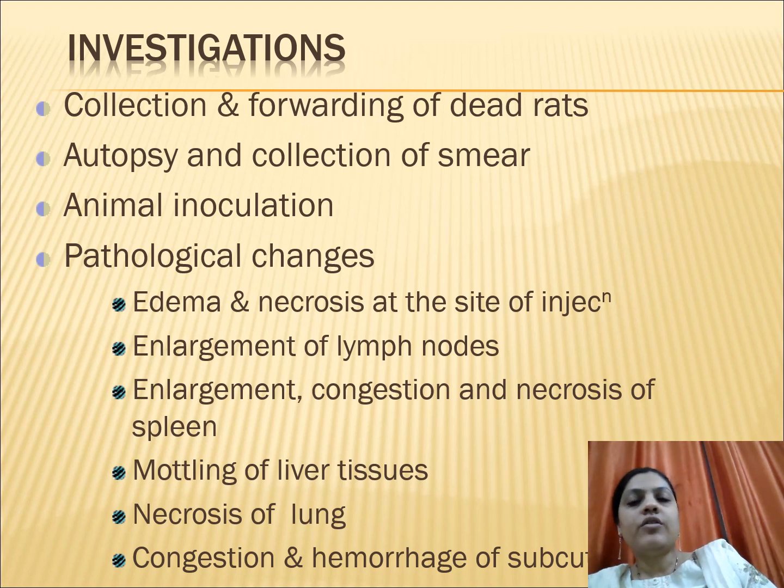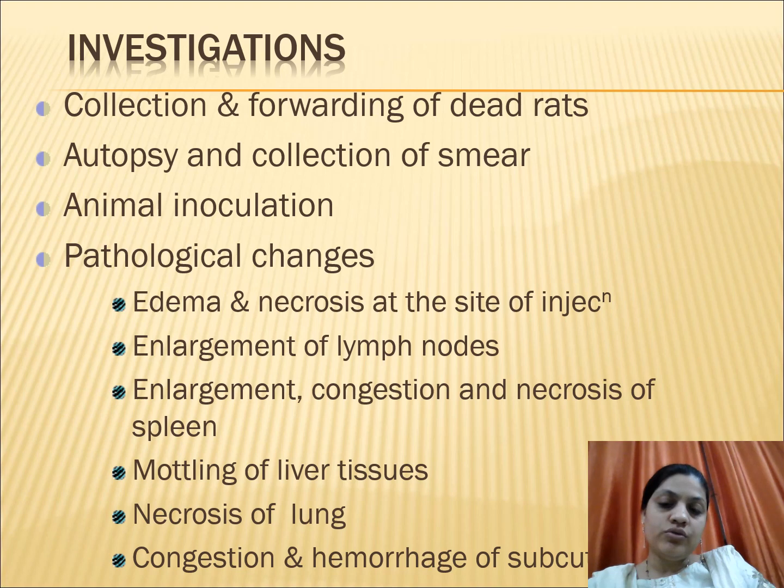Collection and forwarding of dead rats, autopsy and collection of the smear, animal inoculation, and pathological changes which are noted during the autopsy findings or the pathology. If you dissect the lymph nodes, you find edema and necrosis at the site of injection, enlargement of the lymph nodes, enlargement, congestion and necrosis of the spleen, mottling of the liver tissue, necrosis of the lungs, and congestion and hemorrhage of the subcutaneous tissues.